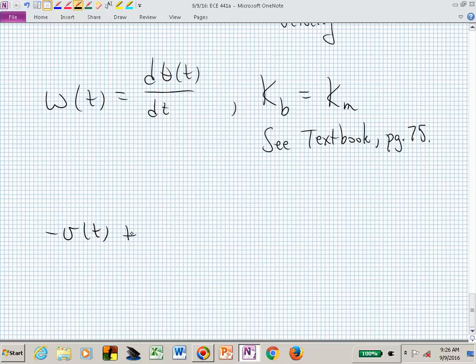Yes, so now this equation is more than just electrical, isn't it? We now have derivatives of our armature current, the applied voltage V, and also in that equation is the angular velocity of the motor shaft, theta prime.